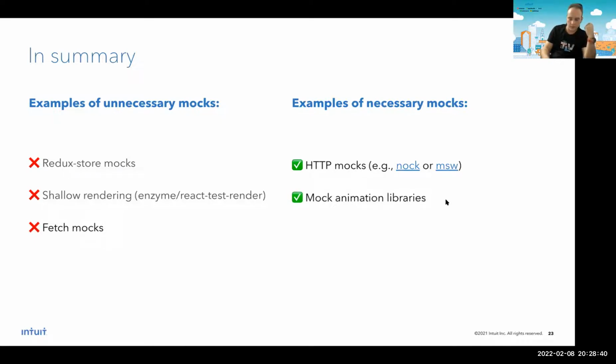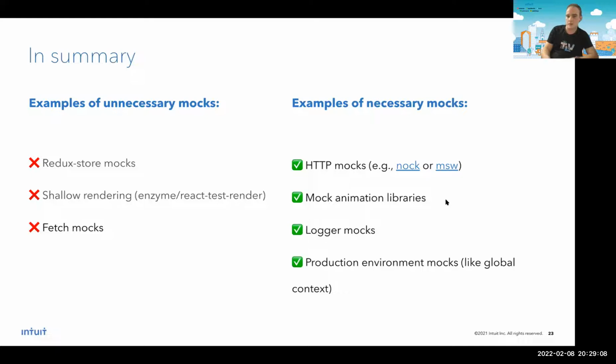I didn't mention that in the practical questions section, but if you have some animation libraries which use JavaScript to render animations, you can mock them inside your test just to make them run faster, not to wait for those animations to complete before testing something. I believe that's a good example of things that are okay to mock. Logger mocks, as we said, and production environment mocks, like global context or whatsoever.